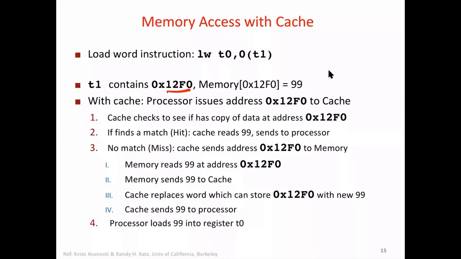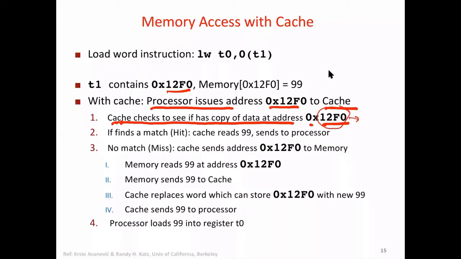With cache, the processor issues the address to the cache. The cache, this L1 cache, will be the first interface to the processor, and the cache checks if a copy of the data at this main memory address is present.